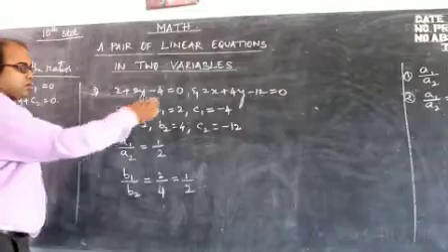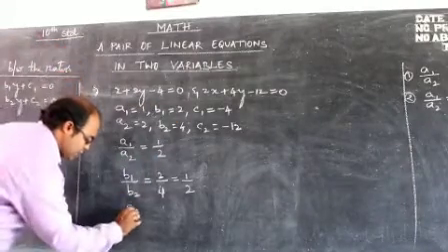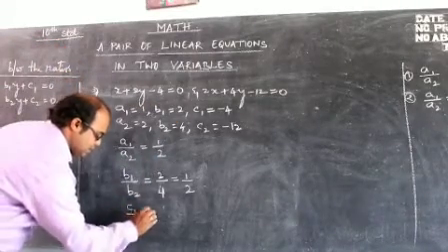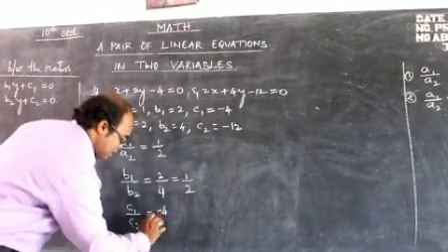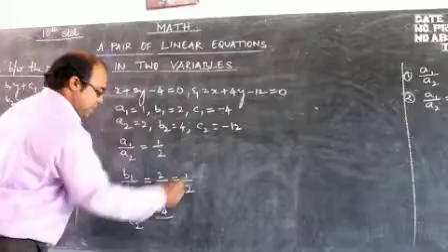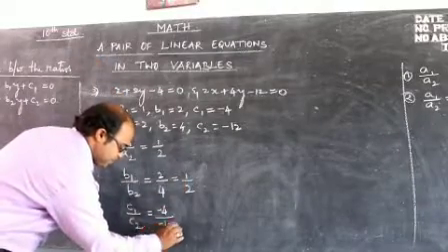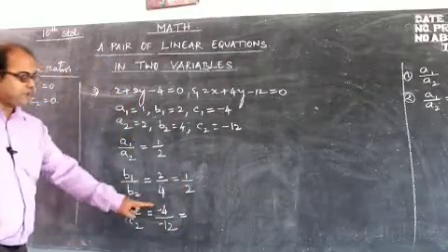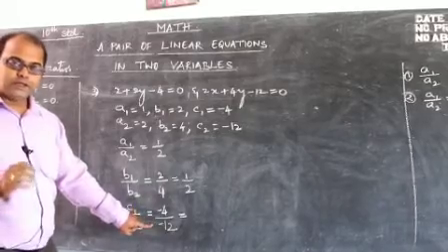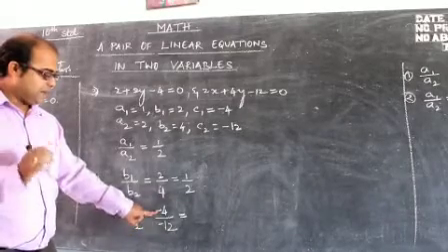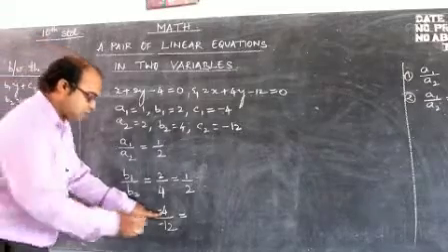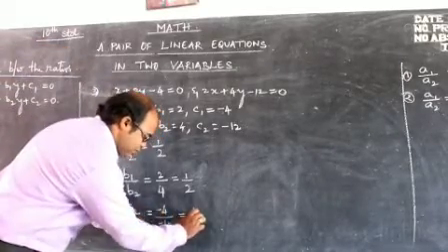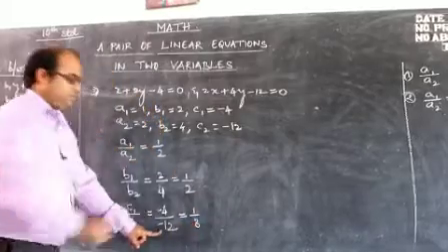Now the third ratio, C1 divided by C2, is minus 4 divided by minus 12. Minus divided by minus is plus. 4 1s are 4, 4 3s are 12.